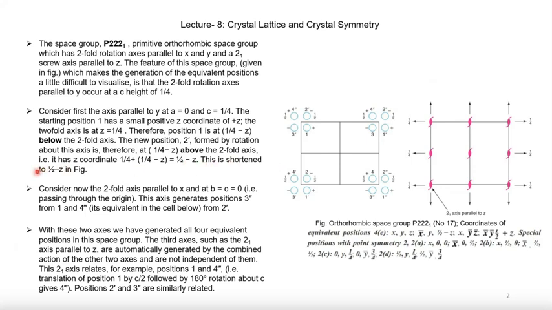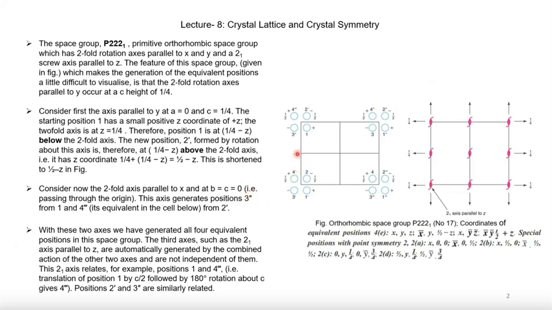This is a shortened representation which I'm showing here. Here is half minus Z. If we consider the next twofold rotation axis parallel to X, at B equal to C equal to 0, that is, passing through the origin, this axis generates position 3 prime.